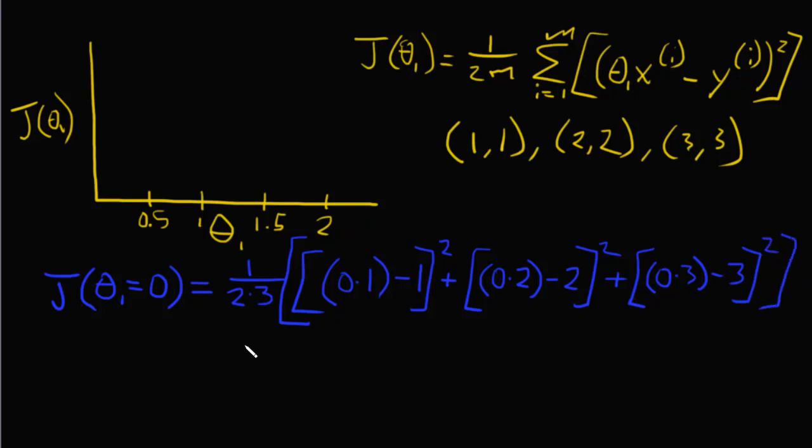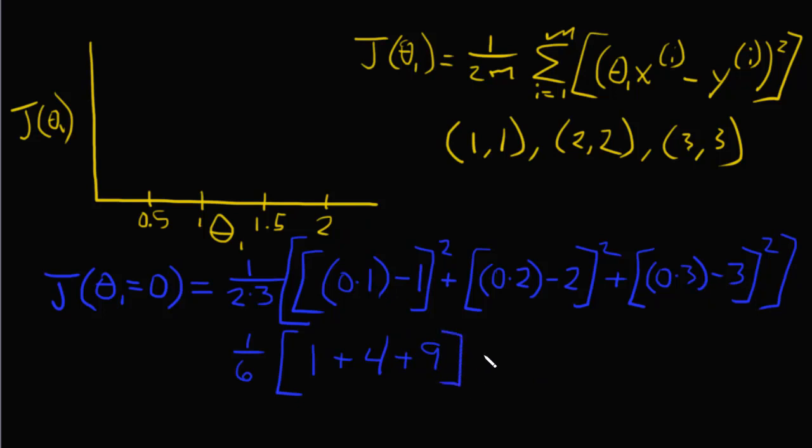Okay? This is going to give me 1 over 6 times, well, this expression is 0 minus 1 squared. That's going to be a 1 plus 0 minus 2, which would be negative 2 squared, for 4. And then over here, it's going to be 0 minus 3, quantity squared, which is negative 3 squared, or 9.